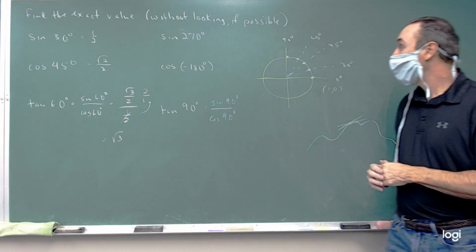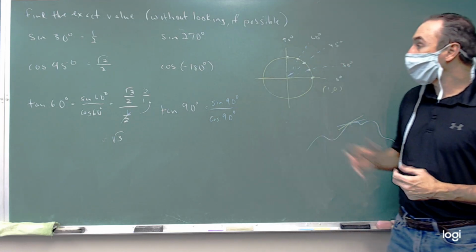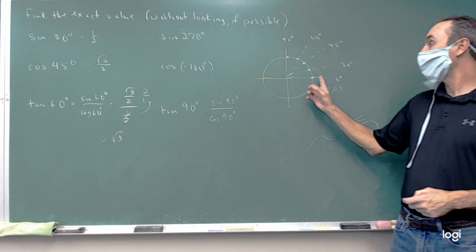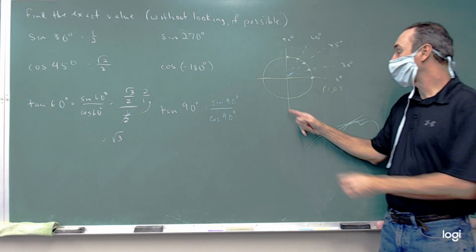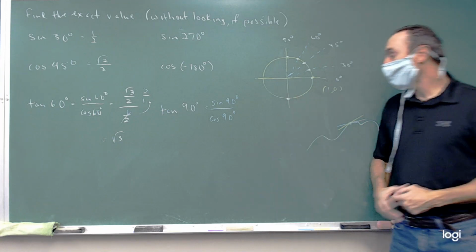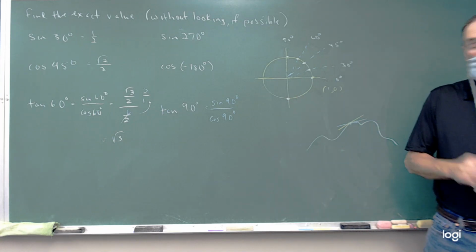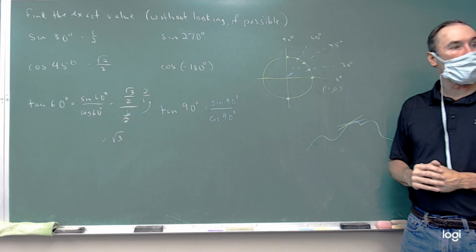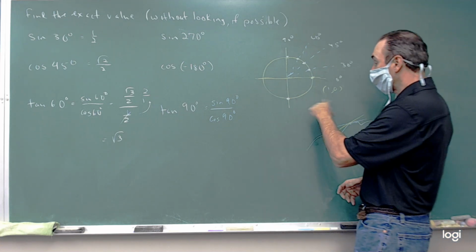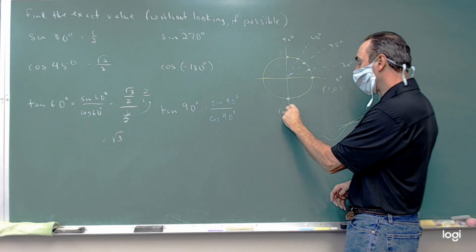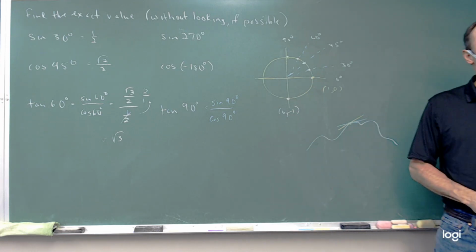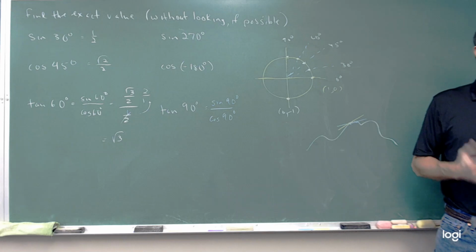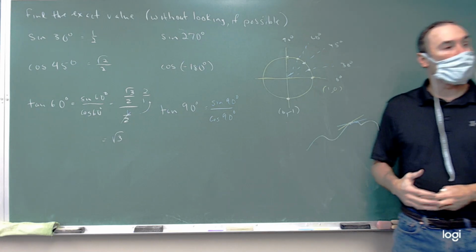So now when you get outside there, sine of 270, we need to know that, here's 90, 180, 270. That puts us right on what's called a quadrantal angle. So that's right where the circle intersects the y-axis. Because it's a circle with radius 1, we know that the coordinates of that point are 0, -1, and we know the sine is the y-coordinate of that point.